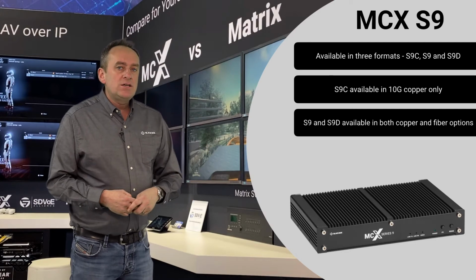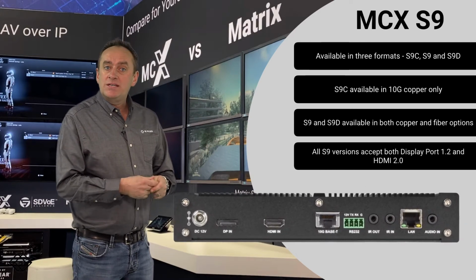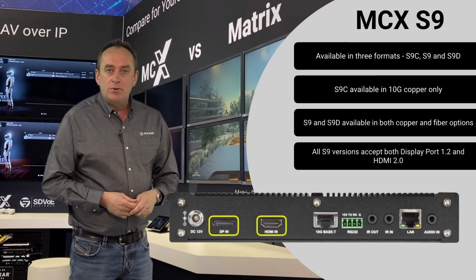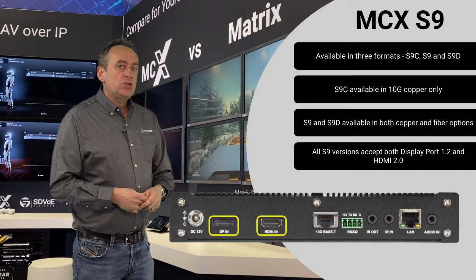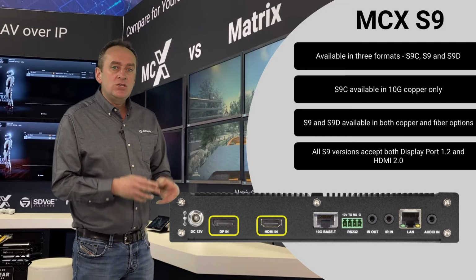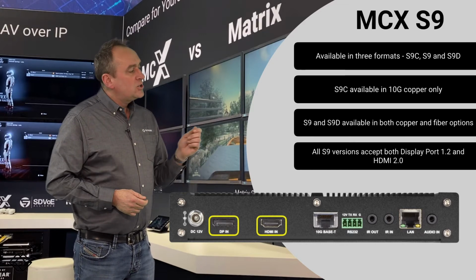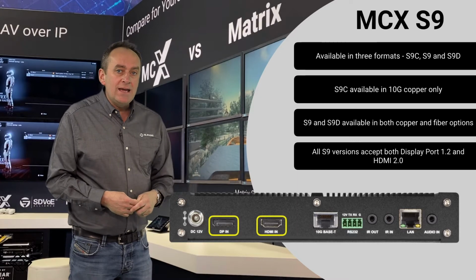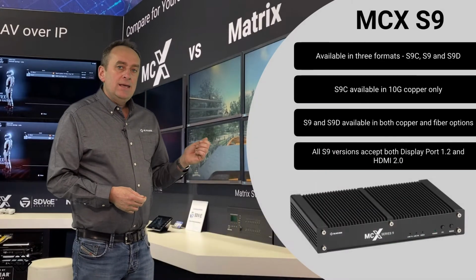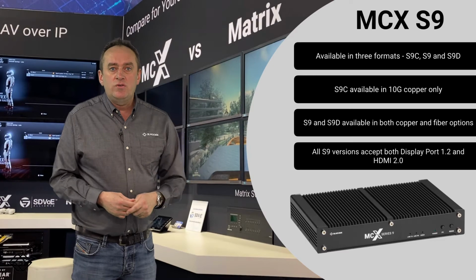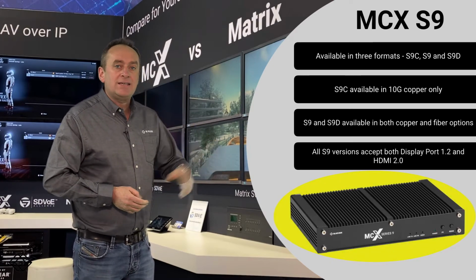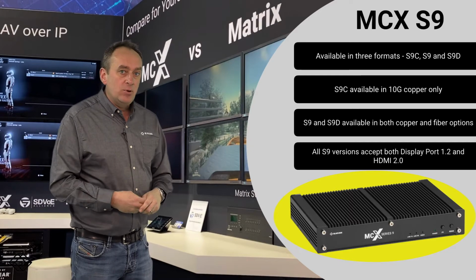Each variant of S9 will accept both DisplayPort 1.2 and HDMI 2 inputs simultaneously. So while only one of these inputs can be streamed at any one time, switching from one to the other is made simple by the software API. The S9 product family also features an enhanced heat sink design to manage heat better in higher density deployments.